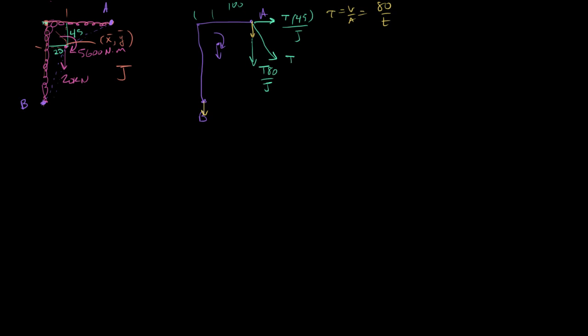We're going to have to also include this torque. We'll do that in a second. But this resultant here is T times the square root of 80 squared plus 45 squared over J.